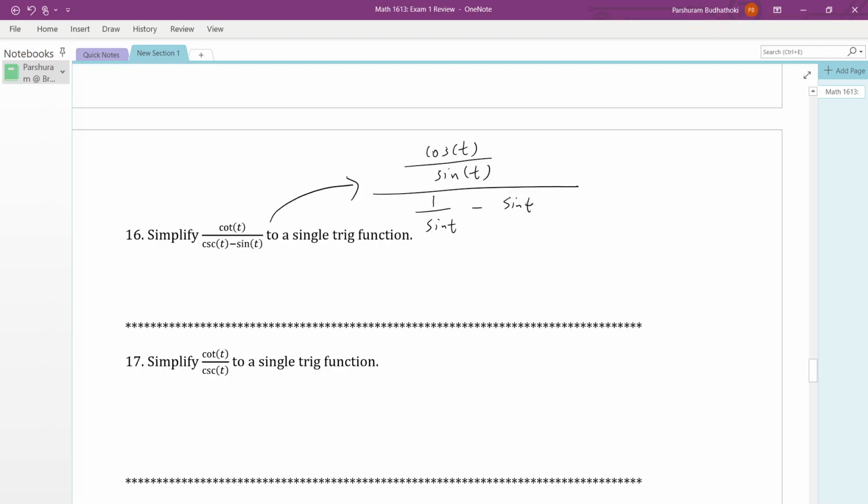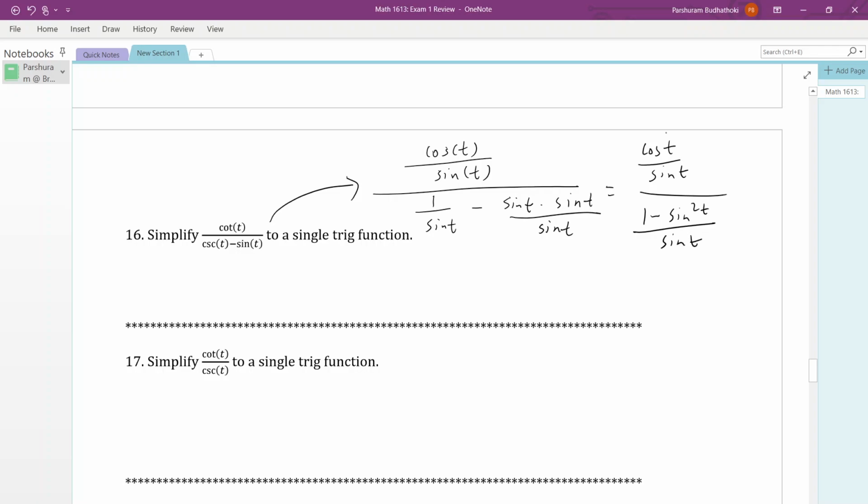On the bottom part, you can make the same denominator by multiplying this term by sine t over sine t. So on the top there is a cosine t over sine t. On the bottom now it's 1 minus sine square t over sine t.